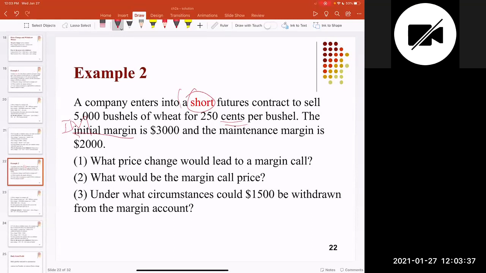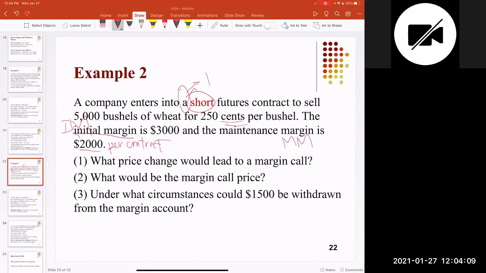You see, they just buy one contract, so this is all per contract. Question 1, what price change would lead to a margin call? Question 2, what would be the margin call price? Question 3, under what circumstance could $1,500 be withdrawn from the margin account?